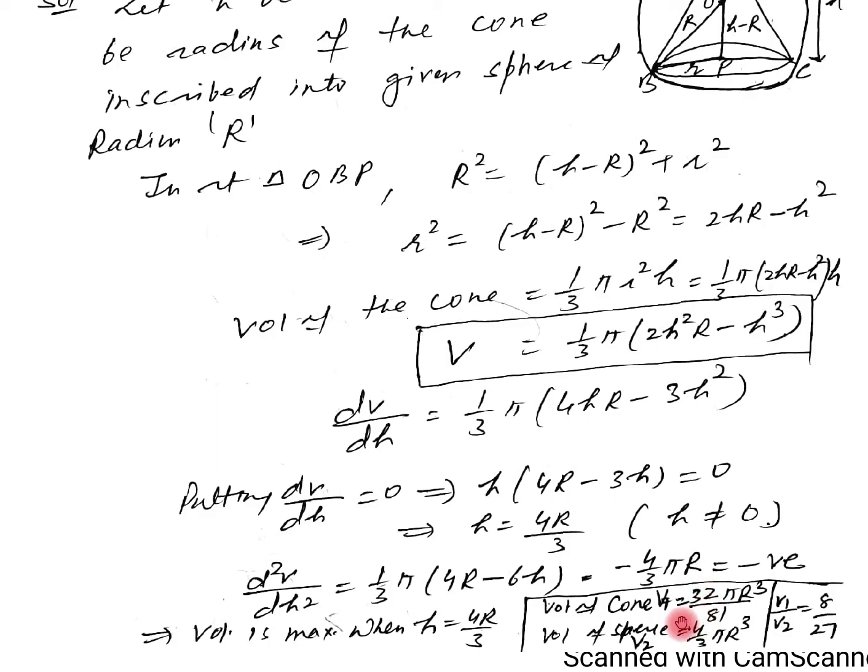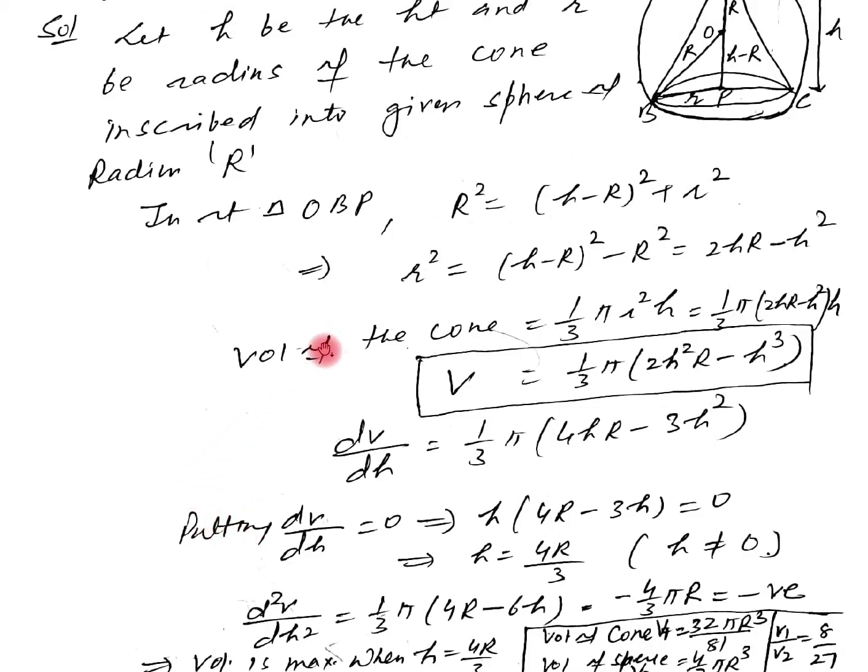By simplifying it, I am getting the volume of the cone equal to 32 pi R cube upon 81. And we know that the volume of the sphere is always 4 by 3 pi R cube. So it will be V2. So we have to compare the volumes. So V1 upon V2, by simplifying these two, we are getting 8 by 27. So this is all about this question.